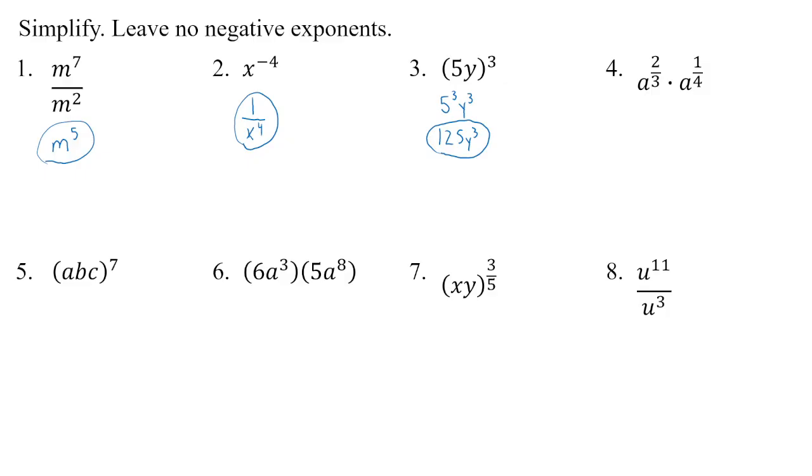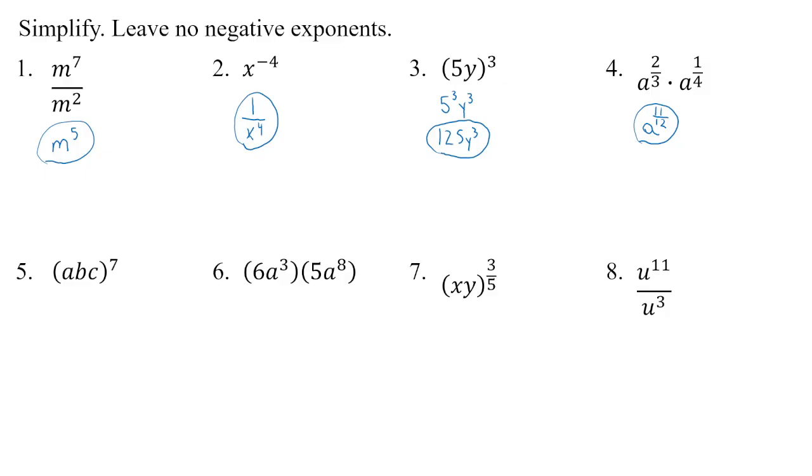Number 4, we have a to the 2/3 times a to the 1/4. And since we're multiplying, we're going to add the exponents. 2/3 plus 1/4 is 11/12. Therefore, the solution is a to the 11/12.